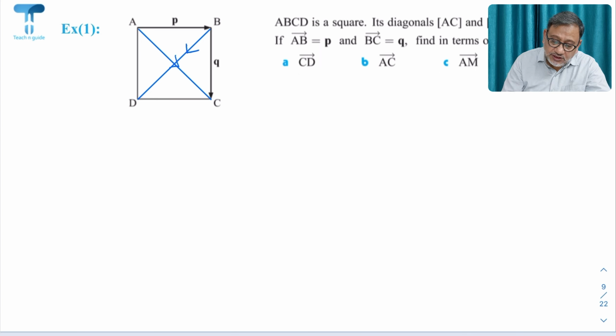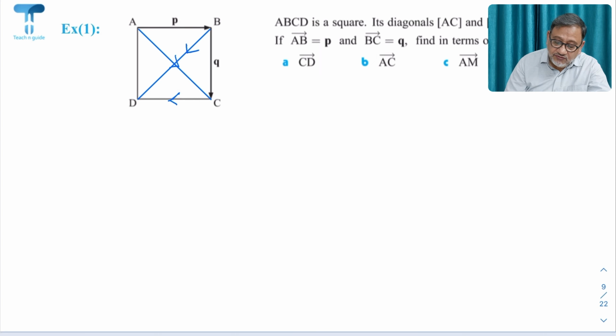Now look here. From C to D, I have to find a vector. They have already mentioned that ABCD is a square. You know that the opposite sides of a square are equal in length and parallel to each other. Now this vector CD will be equal to vector P, but in opposite direction.